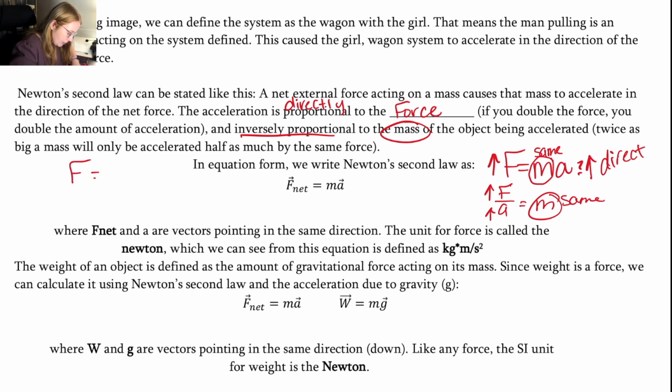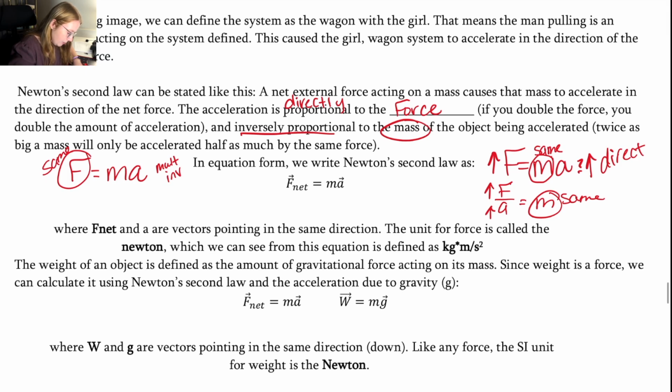Let's look at if we kept the force the same. So if we keep the force the same, mass is being multiplied by acceleration. So just looking at the formula, anytime you have multiplication, that's going to be an inverse relationship. So if mass goes up, acceleration goes down, and vice versa. So for direct, it's division. For multiplication, it's inverse.